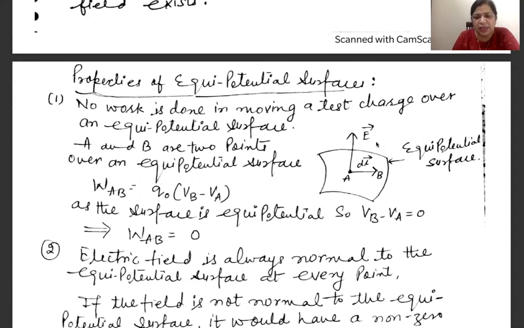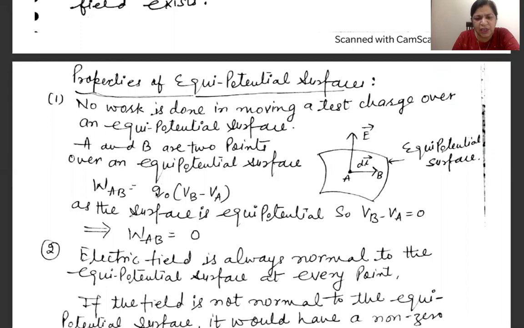Now see, this is an equipotential surface and A and B are the 2 points over it. The work done in moving the test charge from A to B will be WAB.